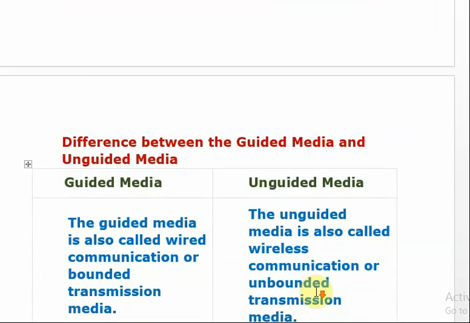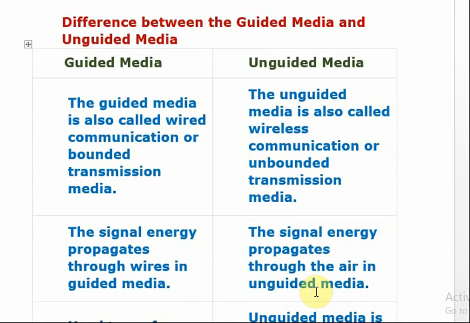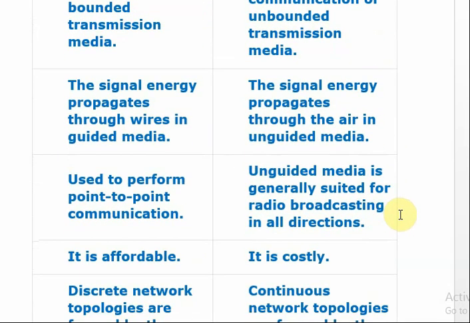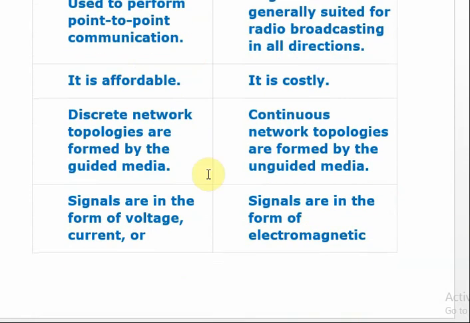Then the difference between guided and unguided media, this is the basic understanding. Other than that, you do not need to memorize. It's straightforward. It's a wireless matter. Wired media cannot propagate through the air, but here it is a wire. Wireless can pass through buildings, but wires can't pass through a building. Costly, affordable, and so on. The basic understanding is enough, right?